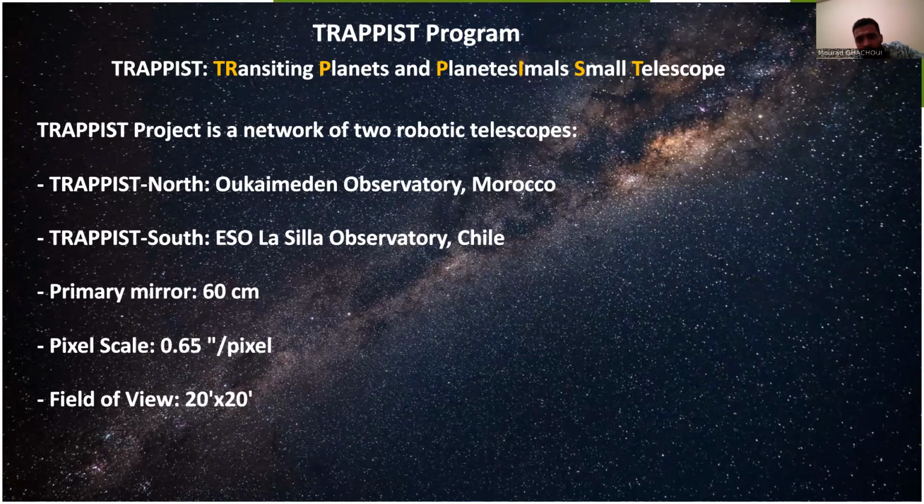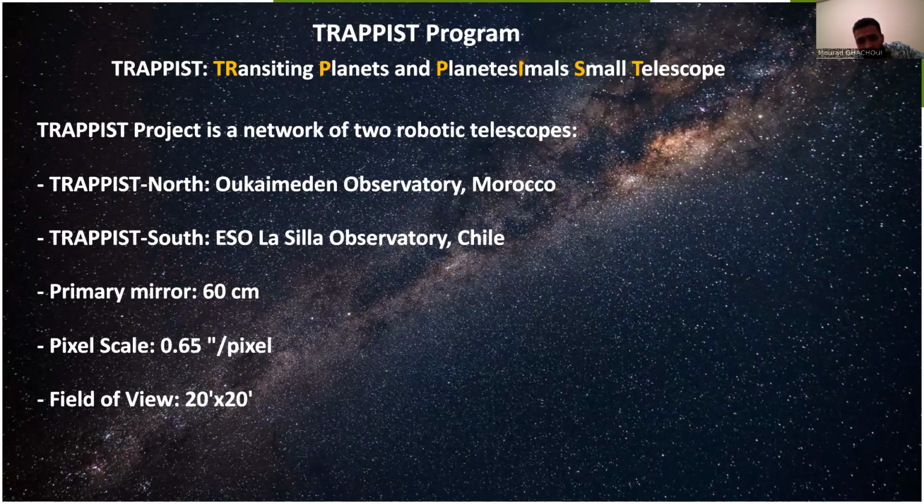It's a network of 2 robotic telescopes, TRAPPIST North, installed at Oukaimeden Observatory in Morocco, and TRAPPIST South at La Silla Observatory in Chile. The 2 have a diameter of 60 centimeters and are equipped with cameras with a pixel scale of 0.65 arcsecond per pixel, which is a very good sky resolution to observe the TESS candidates.